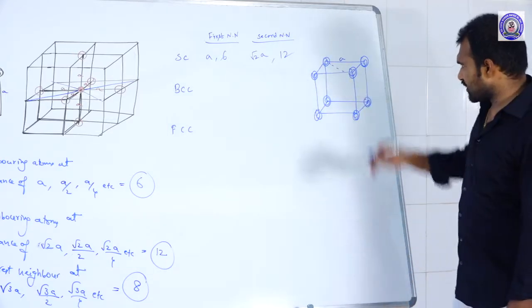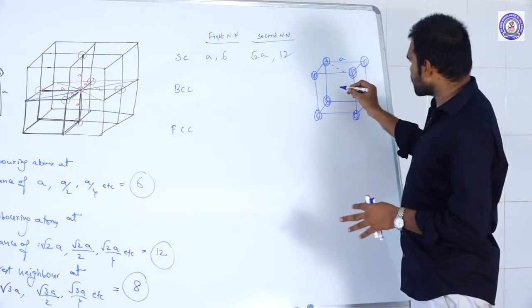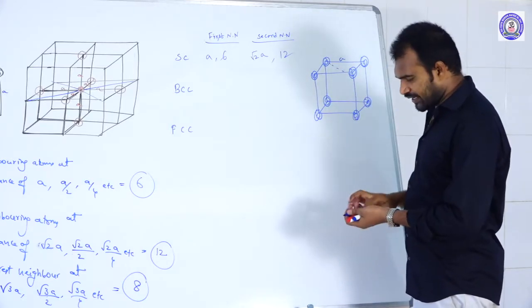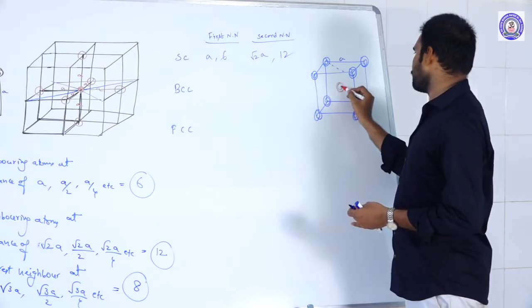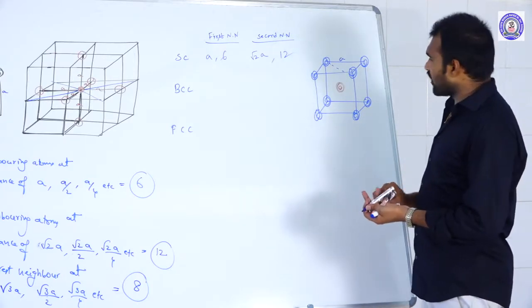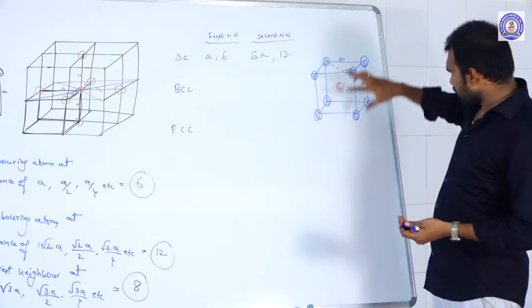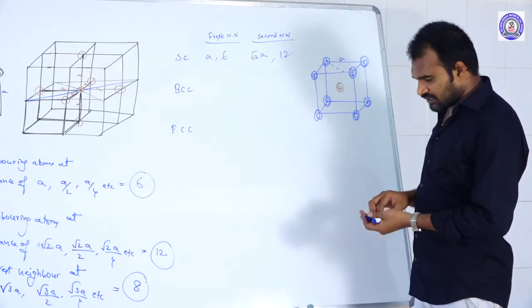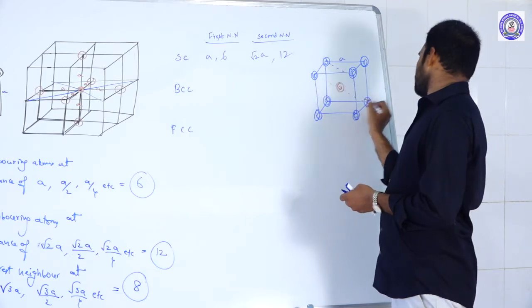Clear? Next, come to the BCC. In BCC, along with those corner atoms, one atom is also present at what? Center of the body. Now in BCC, what is the shortest distance between them? As we know, this is A, and what is the distance? Shortest distance means they are connected like this.